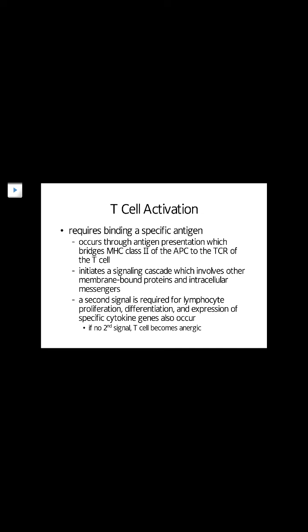It initiates a signal cascade which involves other membrane-bound proteins and intracellular messengers, and a second signal is required for lymphocyte proliferation, differentiation, and expression of specific cytokine genes also occurs. And if no second signal occurs, the T cell becomes anergic.